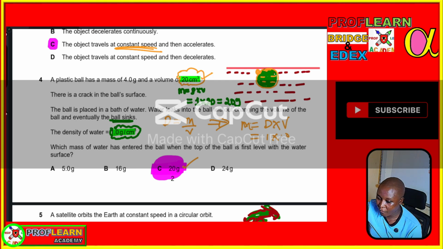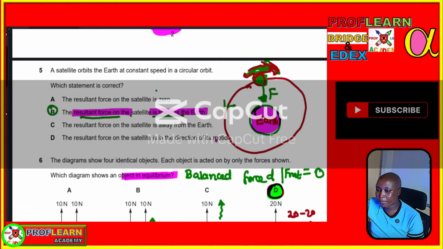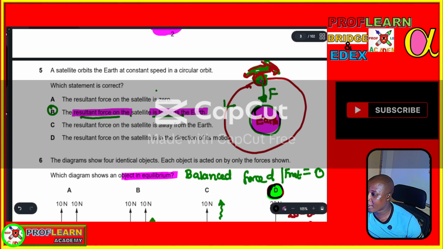Right, moving to the next question, here is a satellite. Something you need to understand is that in circular motion, the only concept that will be tested is the direction of the force that is keeping the object in circular motion. Anytime you are asked, you will understand that the force keeping this object in motion around the orbit is always directed to the center.